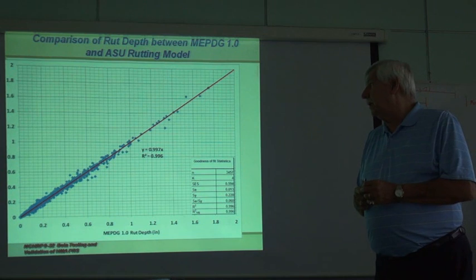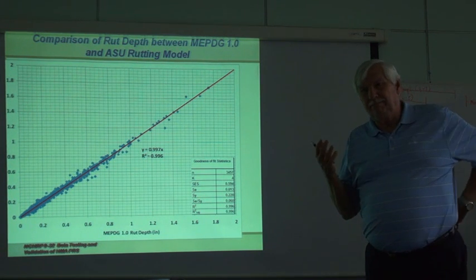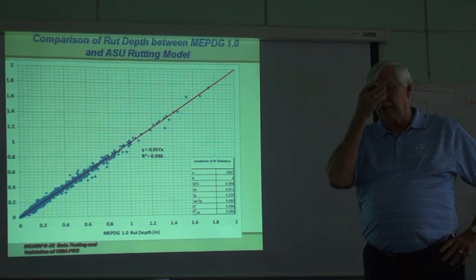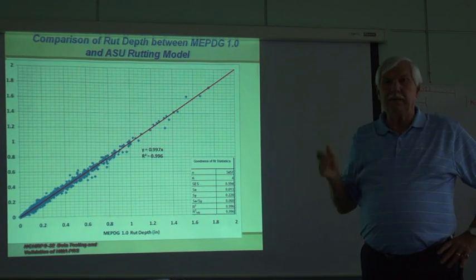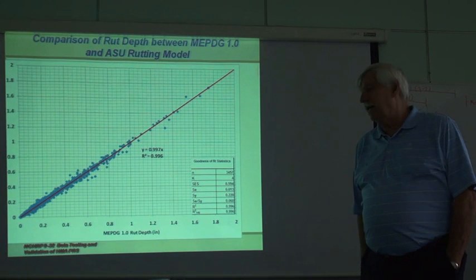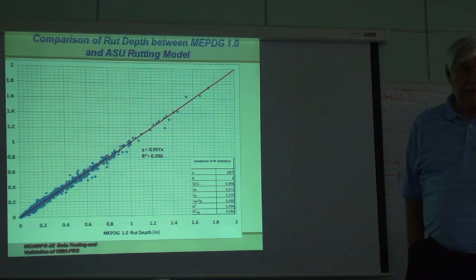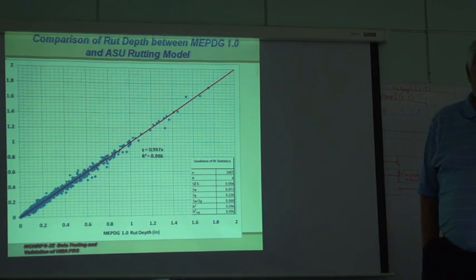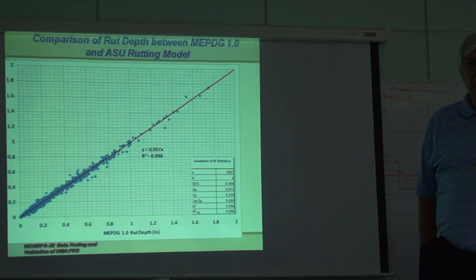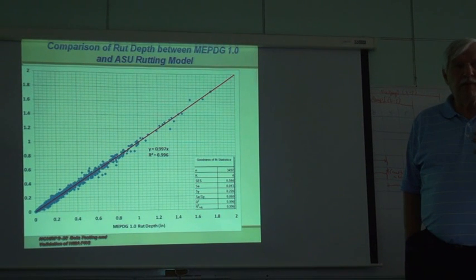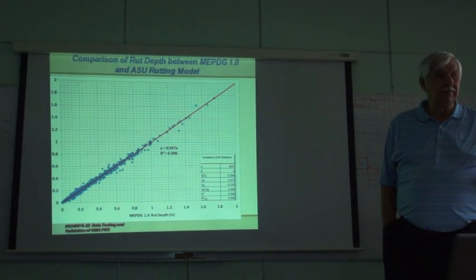Okay, I'll quickly show you, and I just want you to leave with an understanding. It probably took myself and the team about a year and a half of simulations of the MEPDG and all kinds of fancy statistical modeling to come up with a very close form solution.